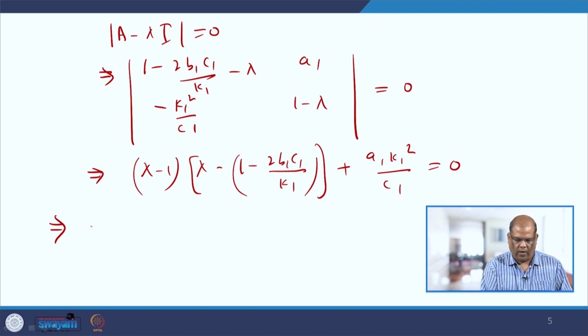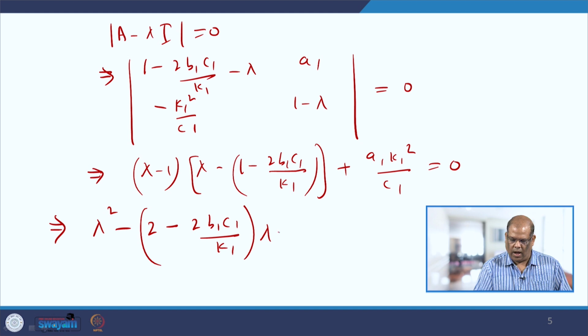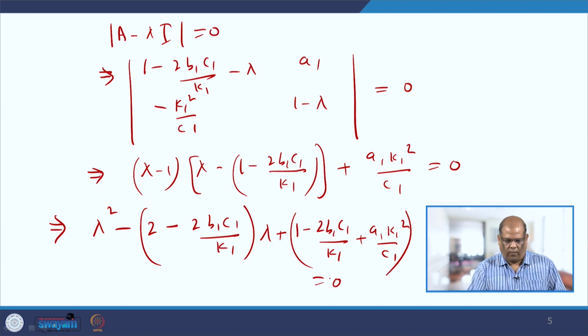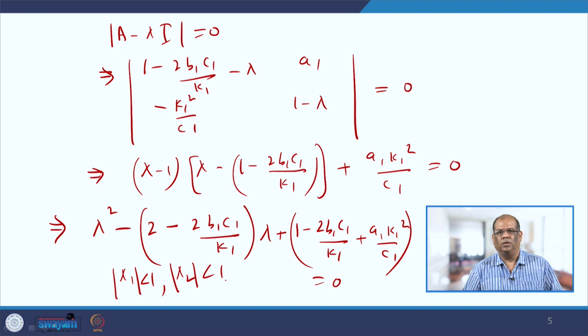If you simplify this, you will get lambda square minus 2 minus 2 b1 c1 by k1 times lambda plus 1 minus 2 b1 c1 by k1 plus a1 k1 square by c1. And then you have to solve for the lambdas, which will be lambda 1 and lambda 2. You take the modulus of them. If they are less than 1, we will say that the system is stable.